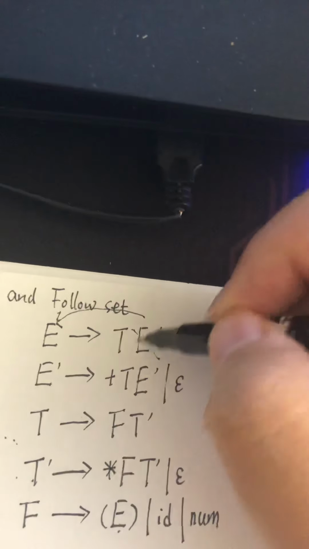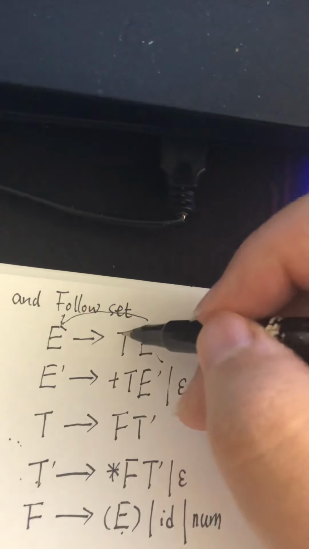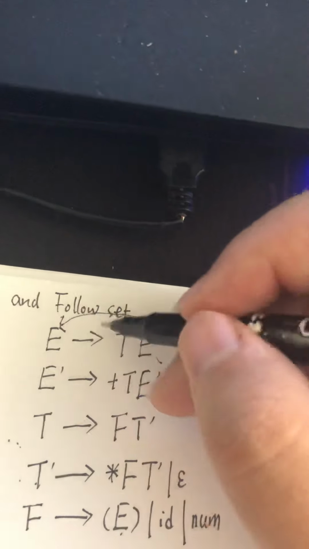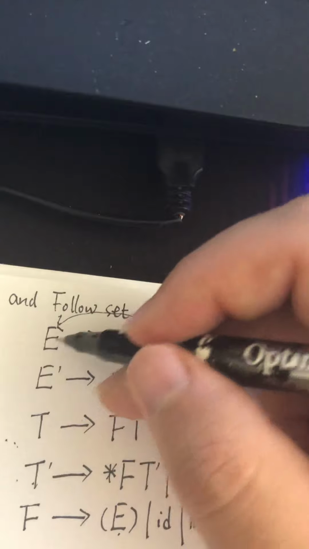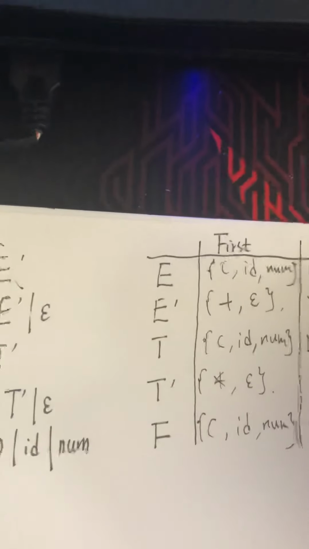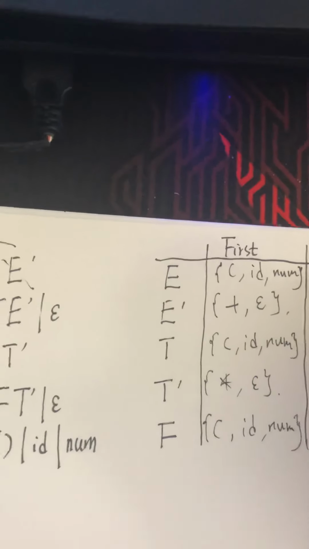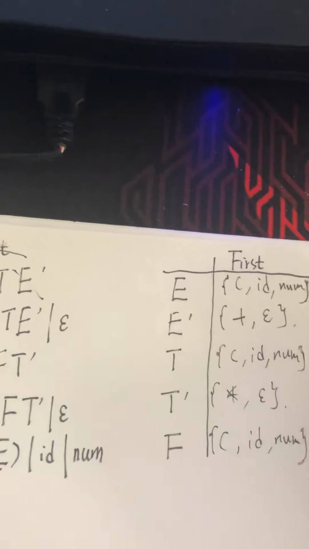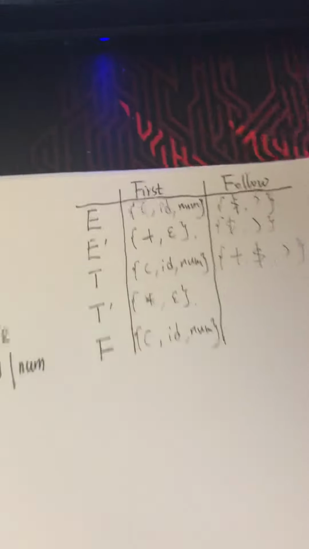So there is nothing after T, and we need to check the previous one. What is the previous one? It is E. So follow of T is equal to follow of E. So we need to add the follow of E here, the dollar sign and the right parenthesis. Okay, so there's nothing more, just the two T's here. So we finish the follow of T set.